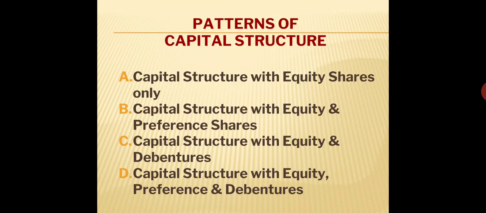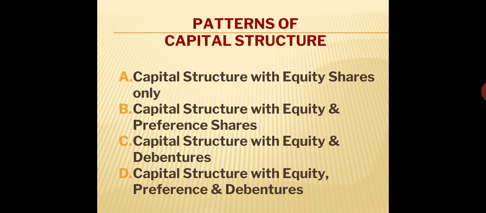And the last one is the financial policies. There are many restrictions for the company on the issue of debentures, because each and every company wants to issue debentures as there is a tax benefit on the interest of debentures.